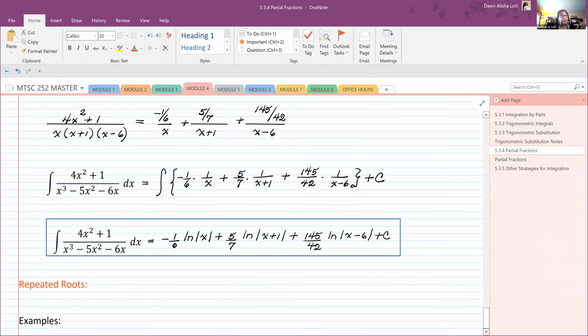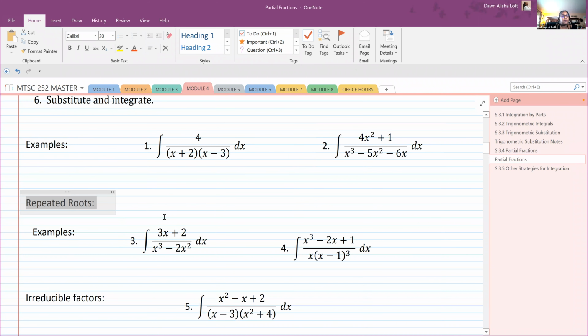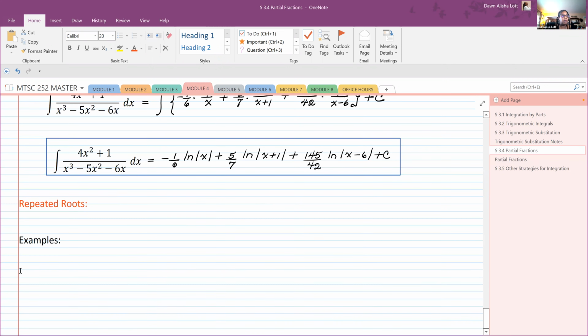Okay, repeated roots, our first example is this one. This is number 3, and this particular problem has a repeated root. So let's see what we get.